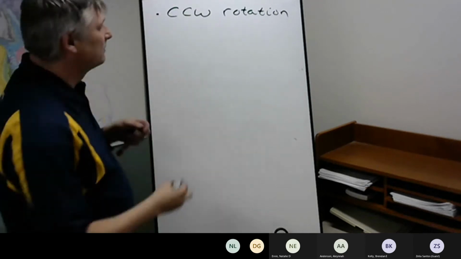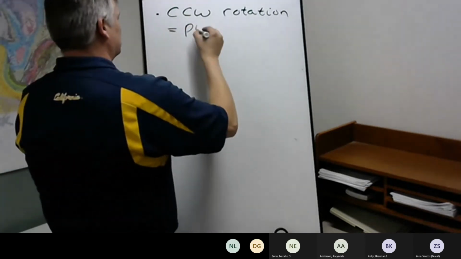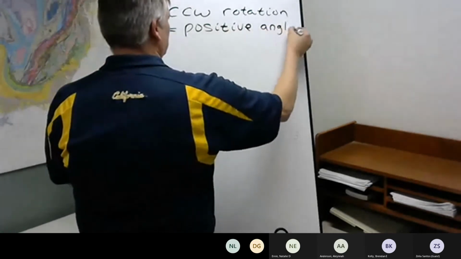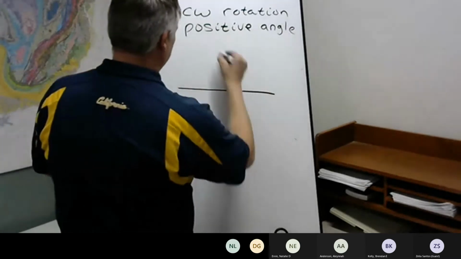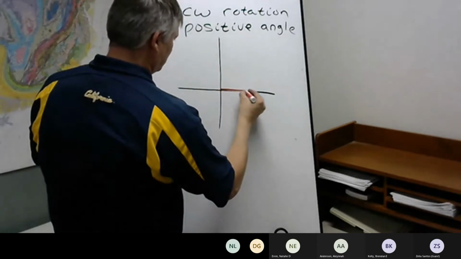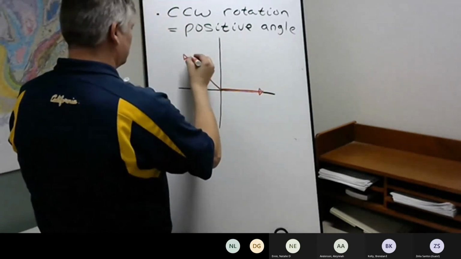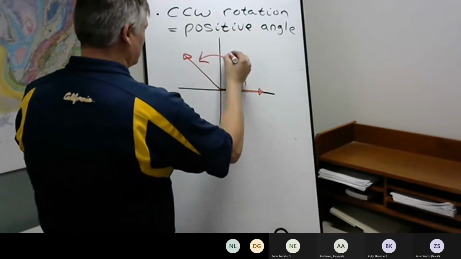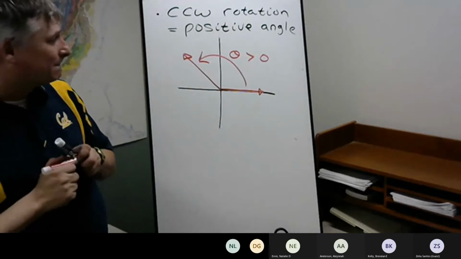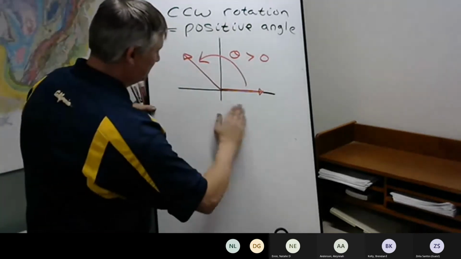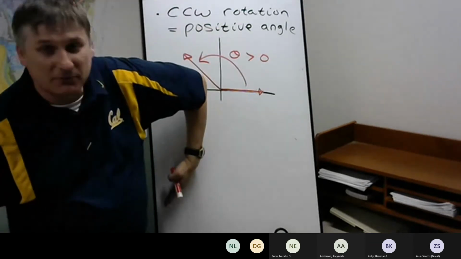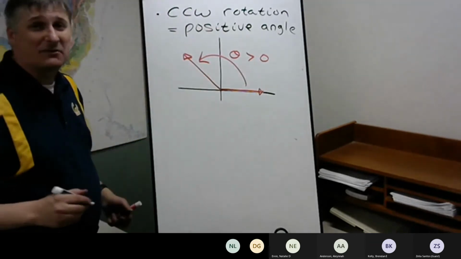This is a positive angle. So that's going to be a theta greater than 0. Now, if we go clockwise, or in this kind of direction for the rotation, we get a negative angle.